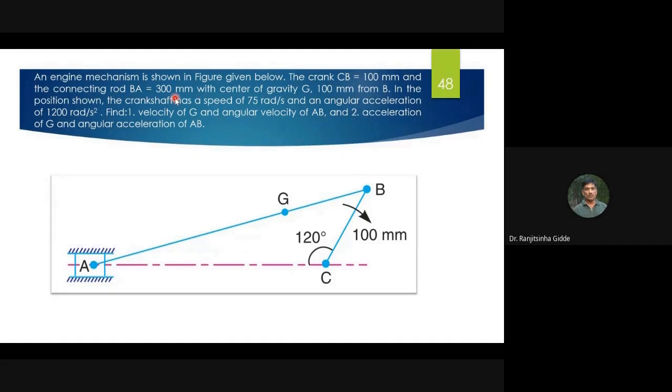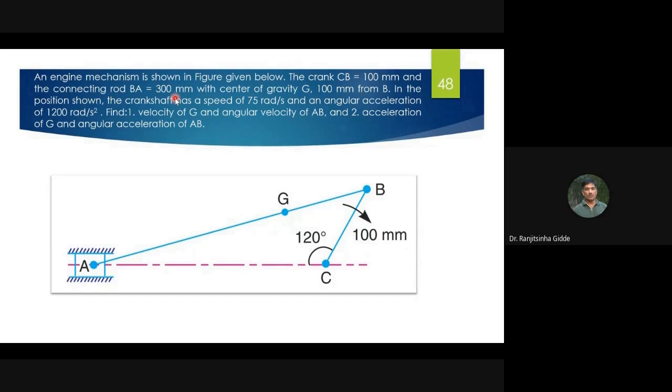Speed in terms of angular velocity they have given. And angular acceleration 1200 radian per second square. Write down.